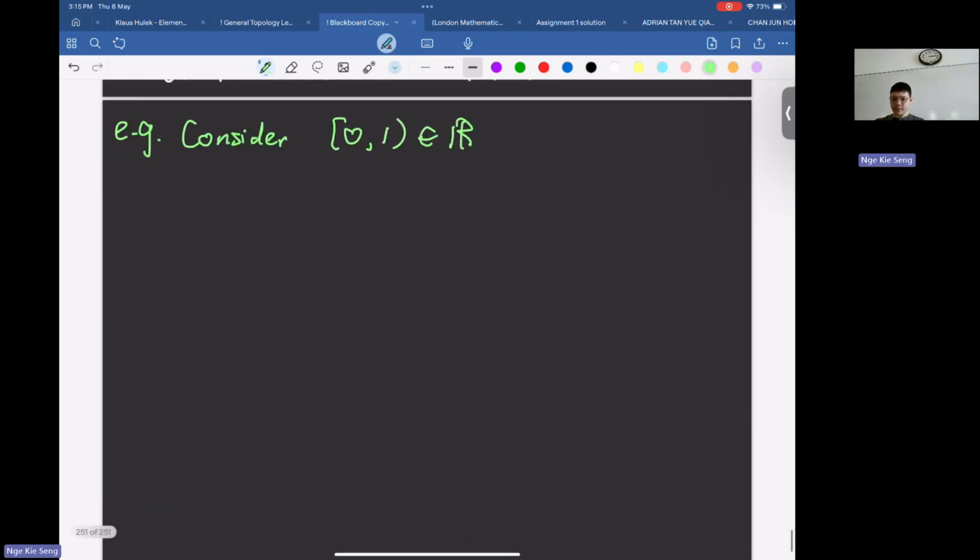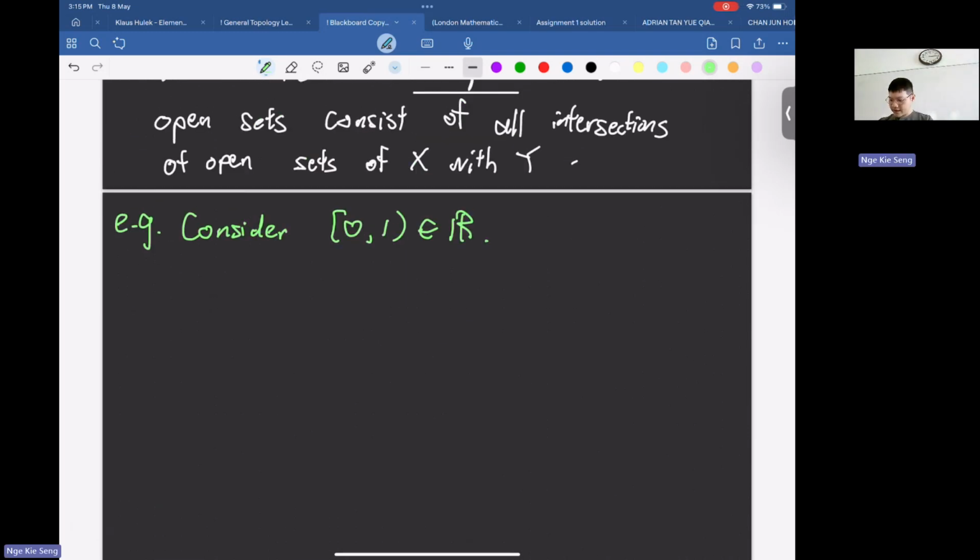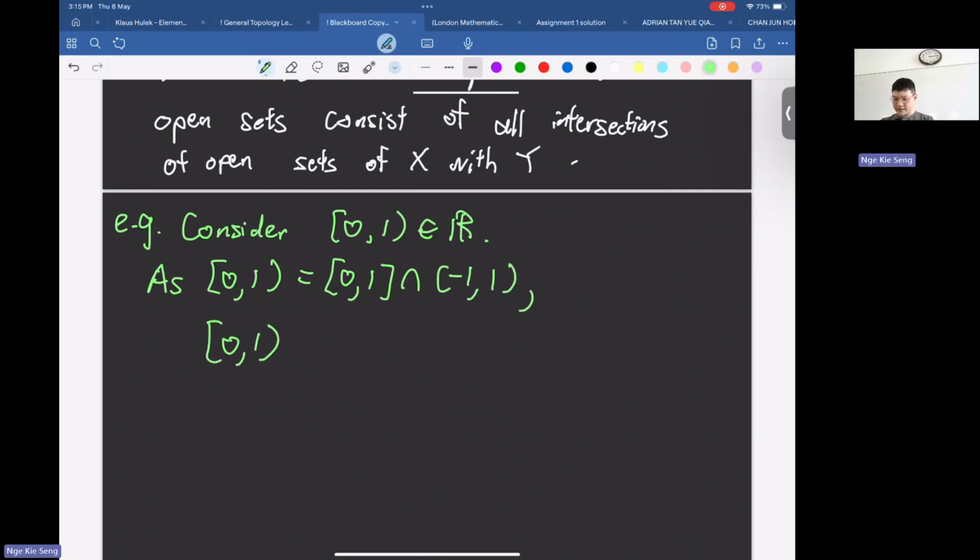But the half open interval can be written as itself intersected with some open set in R, so we will say that it is open in itself.